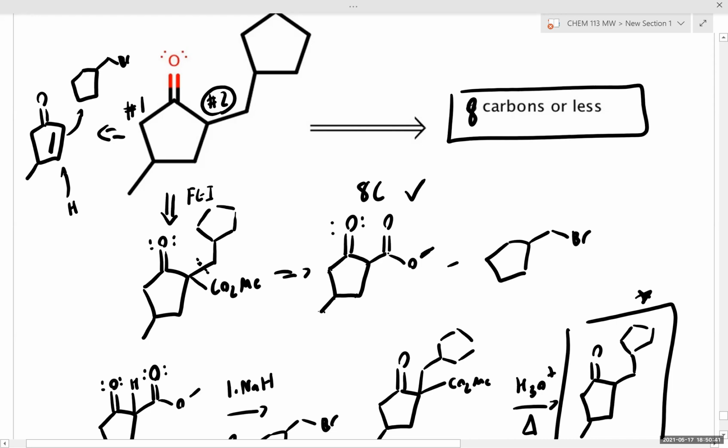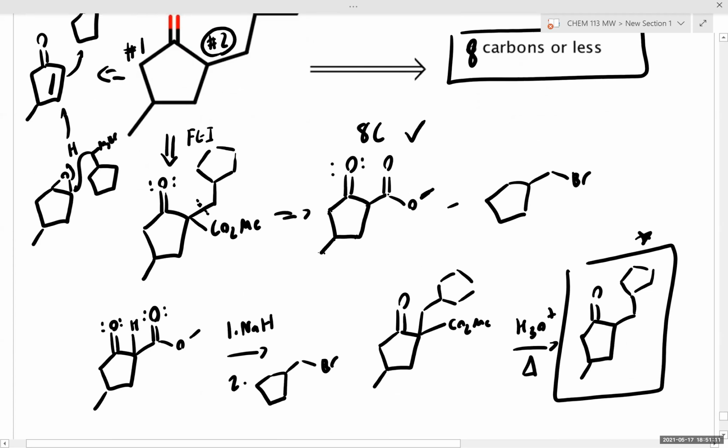You can also make this from an epoxide opening. You can do something like this. So there really are a range of tools at your disposal. Did that answer your question? But I'm very pleased to see the way the class went about solving this problem.